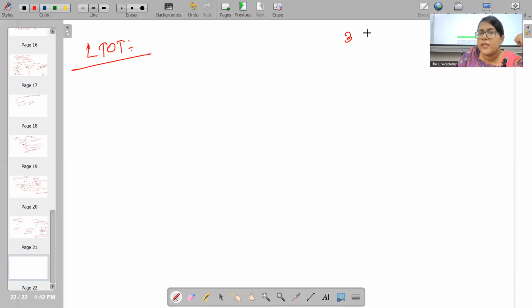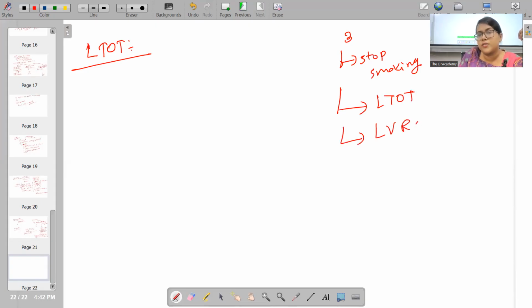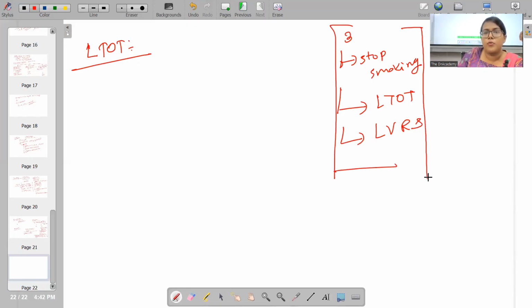So there are 3 things that will actually improve mortality in COPD patients. One is stop smoking at any point, okay? Stop smoking. This will improve the survivability. Number 2 is LTOT therapy. Number 3 is lung volume reduction surgeries, okay? So these are the 3 things that will improve the mortality associated with COPD patients.